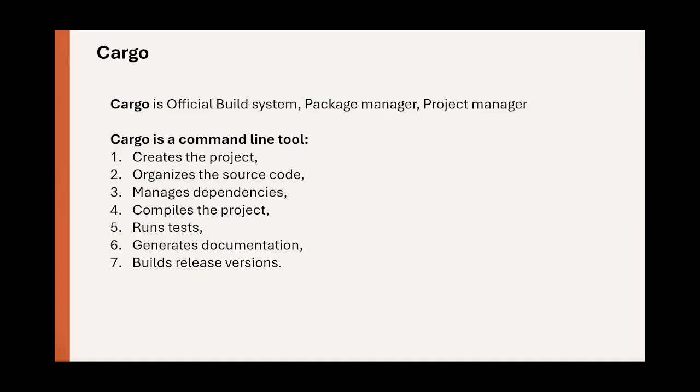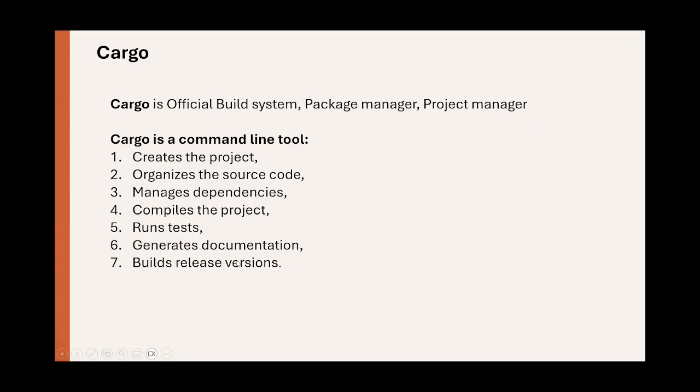Similarly, the cargo tool in Rust does many things. It's the official build system. It's also the package manager and project manager. We'll see it shortly. Cargo is basically a command line tool. It creates the project, organizes the source code, manages dependencies, compiles the project, can run tests, and can also generate documentation.